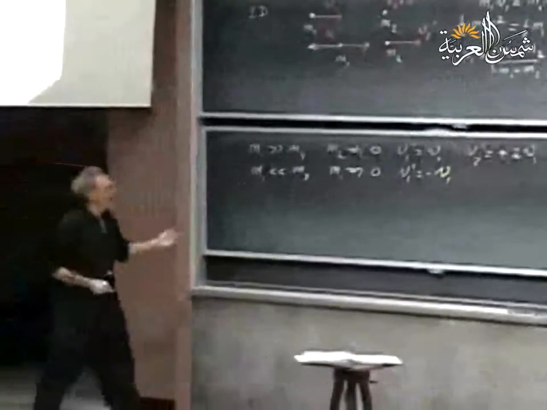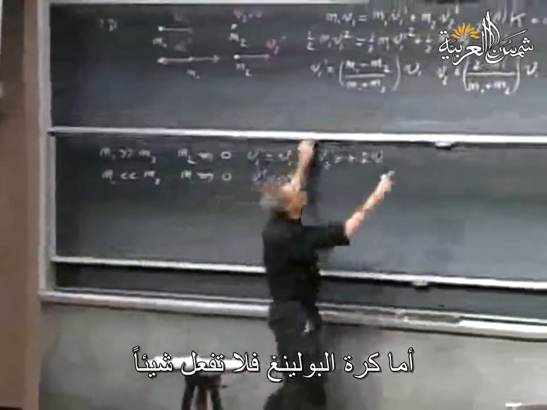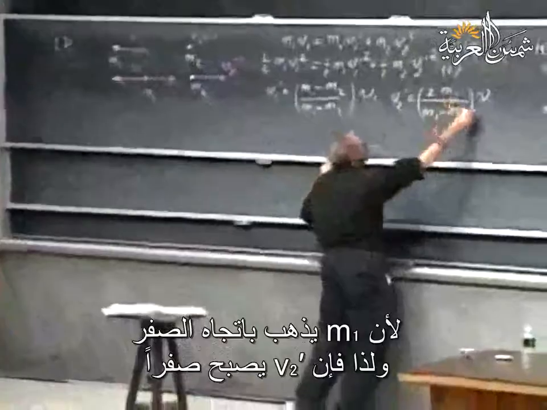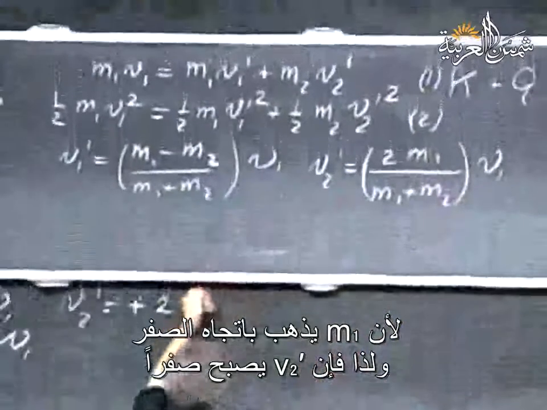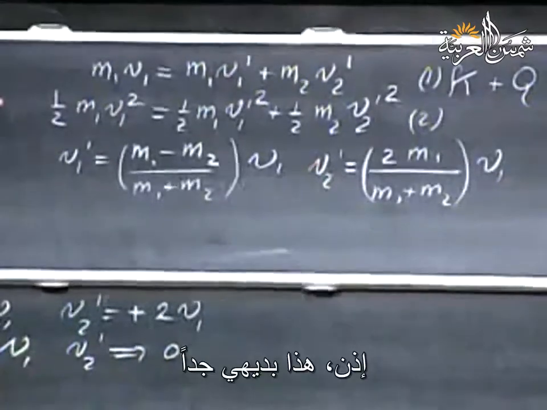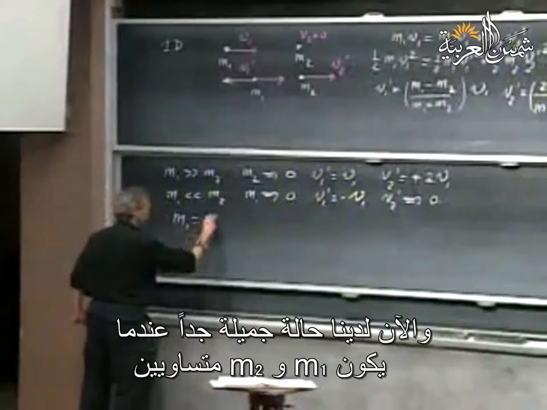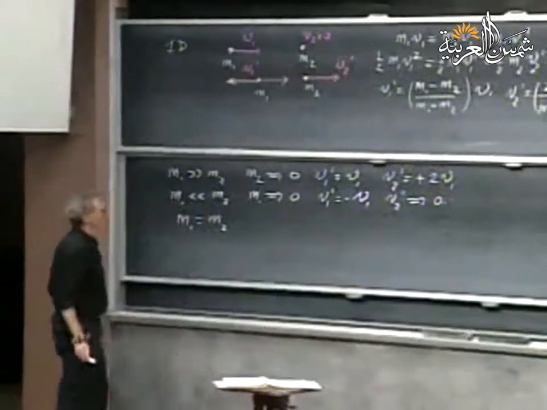Completely obvious. The ping pong ball bounces off the bowling ball and just bounces back. And this is what you see. The bowling ball doesn't do anything because M1 goes to 0, so V2 prime goes to 0. That's very intuitive.